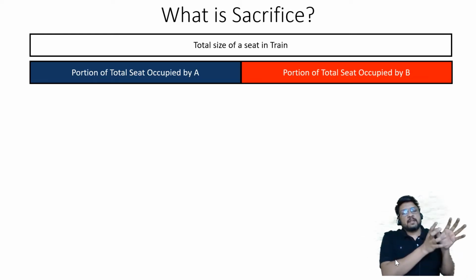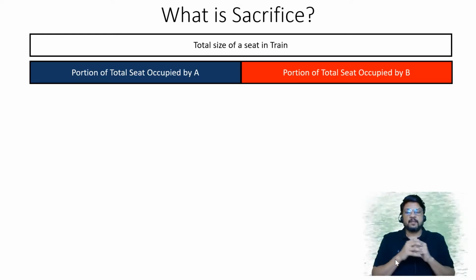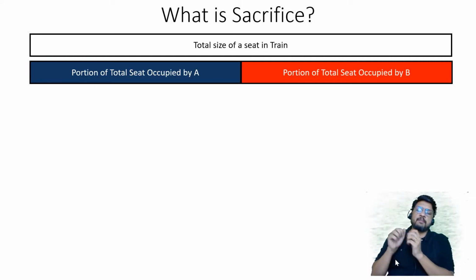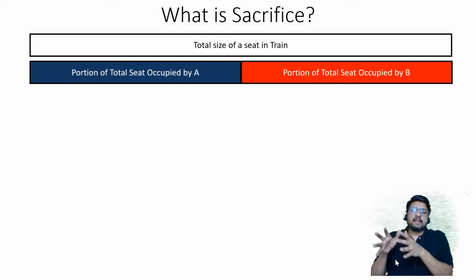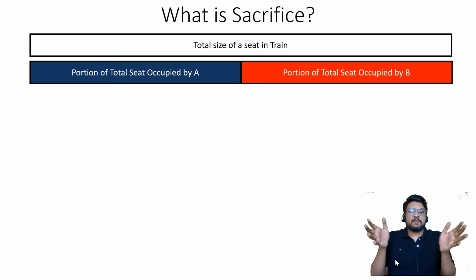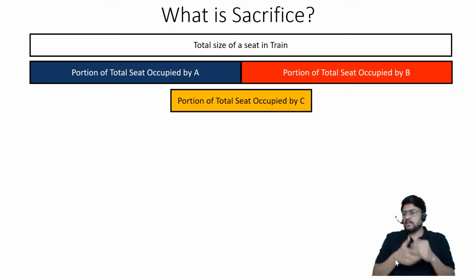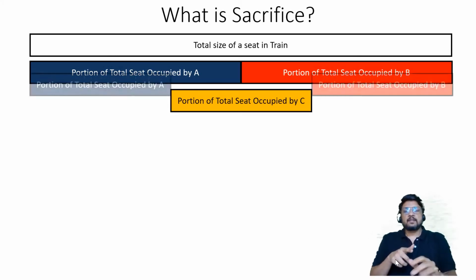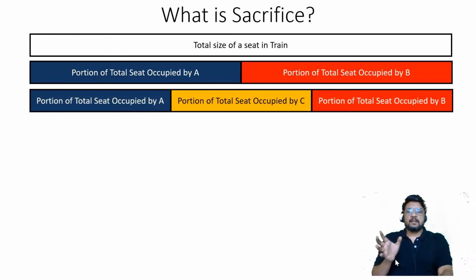So whatever sacrifice will be done by B and whatever sacrifice will be done by A, that sacrifice of A plus that sacrifice of B will become the seat which is going to be available to Mr. C. So if C comes in the train and tries to occupy the seat, you will find that the seat occupied by A is now becoming smaller.